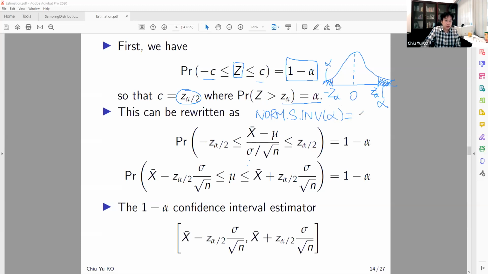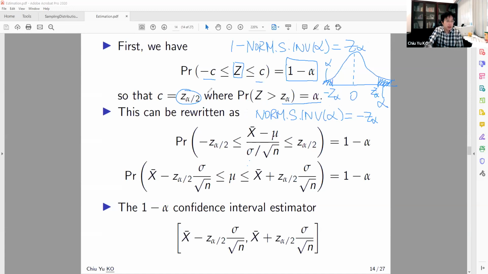Actually, this gives the negative Z alpha, because Excel gives you the left tail. So you need 1 minus this, and the norm S inverse of alpha will give you Z alpha.